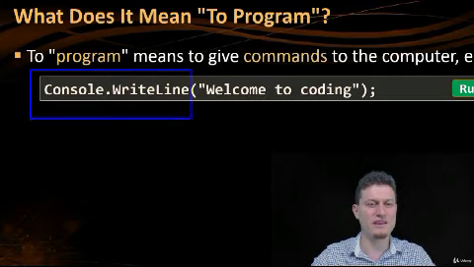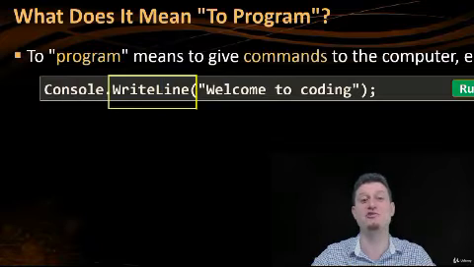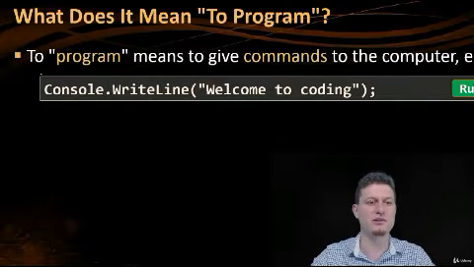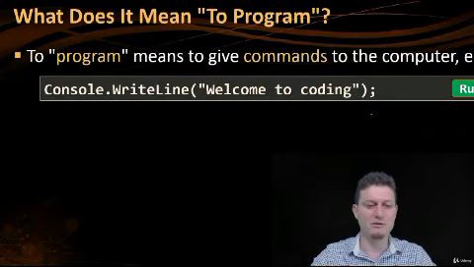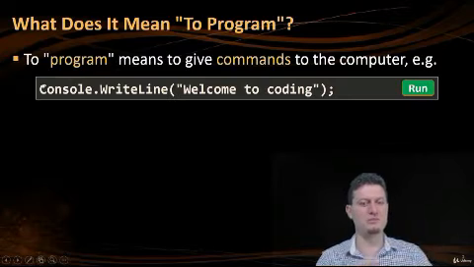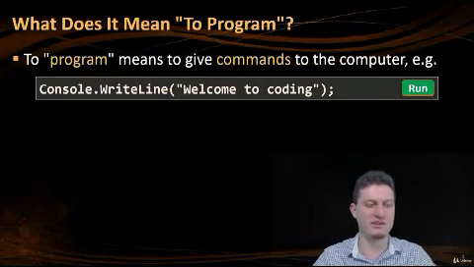The console is some kind of object and WriteLine is some kind of action. So we ask the computer, please write on the console this line holding this text. We'll learn a little bit more about commands later, but now just take this as an example.